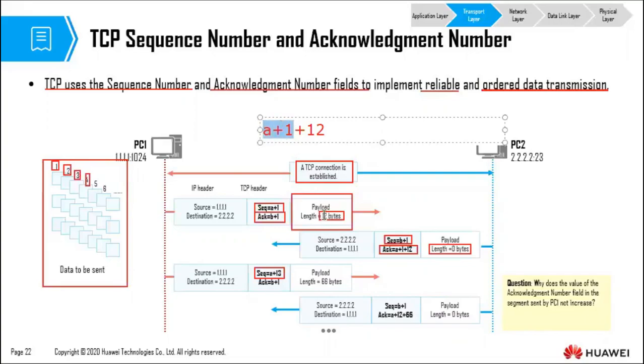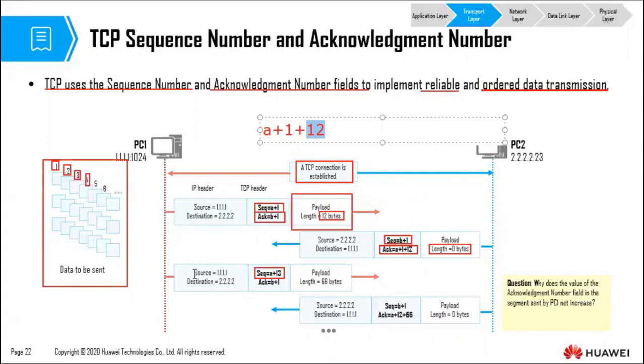So here, the size of this payload is 12 bytes. When we add plus 12, we can tell this guy that we've received the data up to this particular point. We've been able to receive this amount of bytes. So send from here going forward. Are you getting the point?